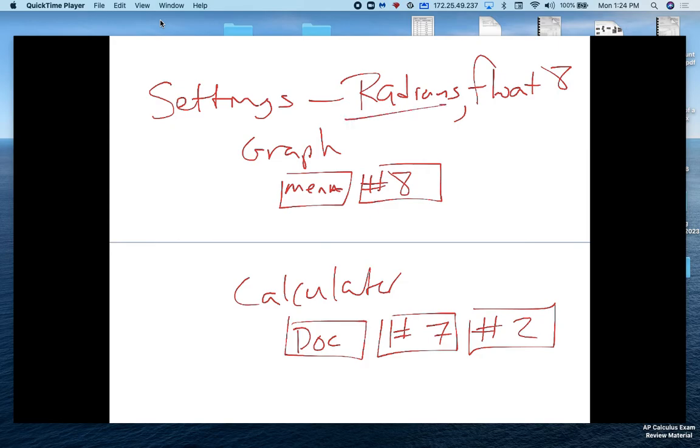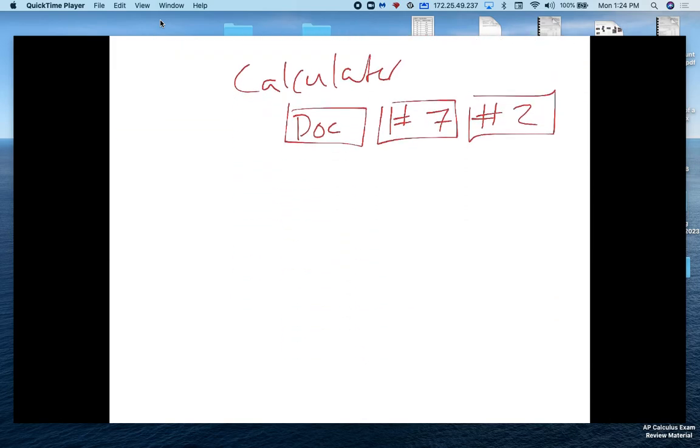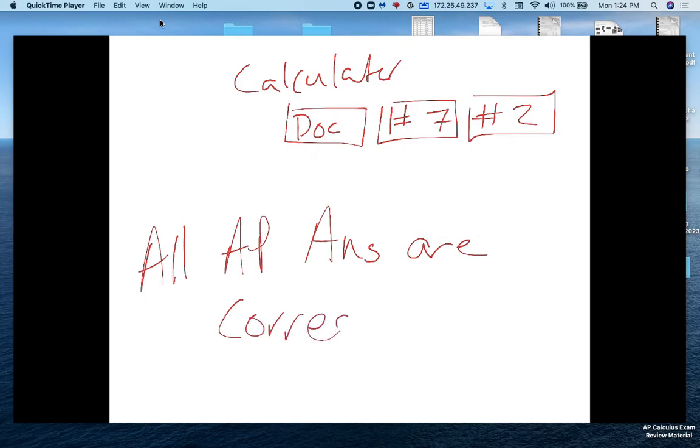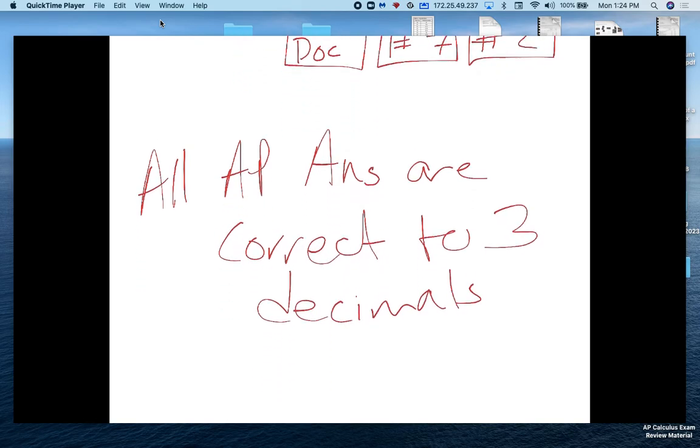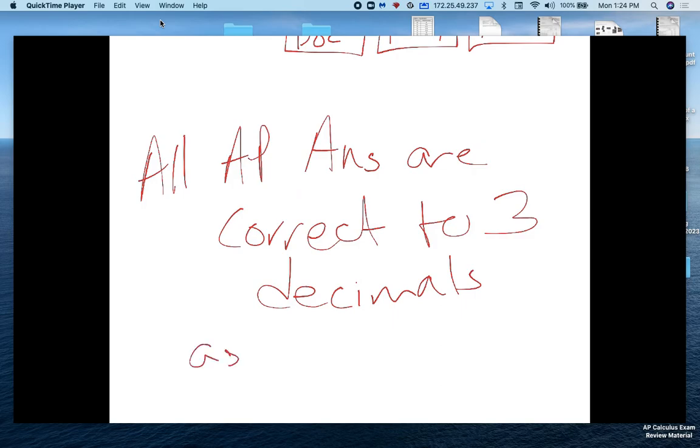You want radians, and you want to float 8. 8 gives you 8 decimal places, because all AP answers are correct to 3 decimals. That's a must. If you leave 2 decimal places, not good enough. 3 decimal places, always.